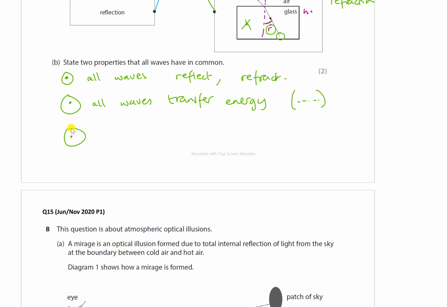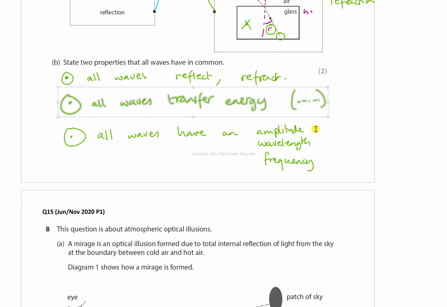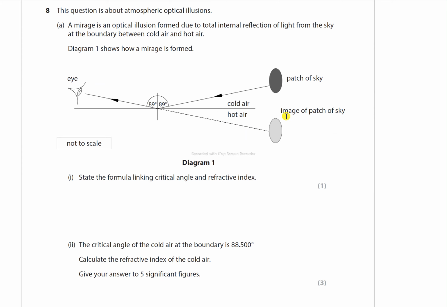They all reflect, refract, and all waves have an amplitude or wavelength or frequency. Okay. So the 2 most obvious ones, they all reflect, refract. They all transfer energy without transferring matter. Right, let's move on. What was that?